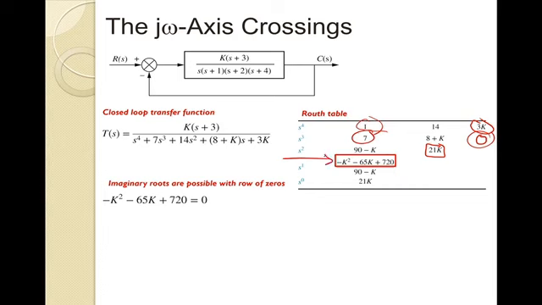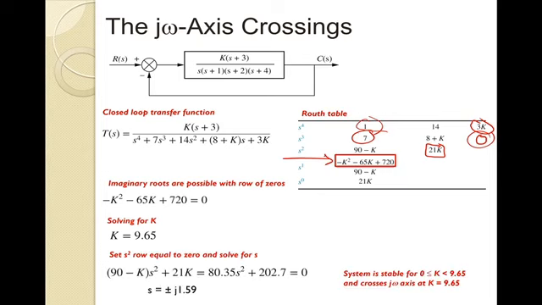So if I were to set that equal to 0 and solve for k, I can get a value of k. Okay, and then what I could do with that is now go back to my s squared row right there. Okay, with that value, so my s squared term, I have a 90 minus k s squared right there.